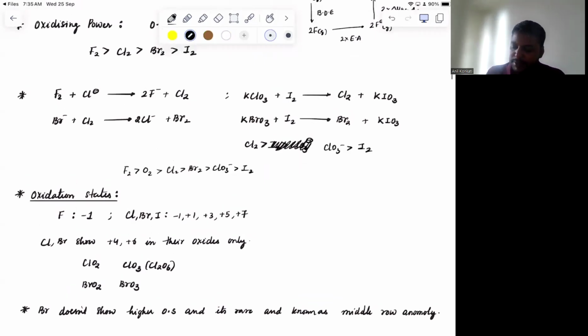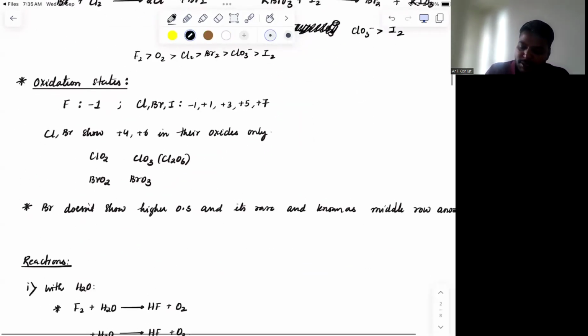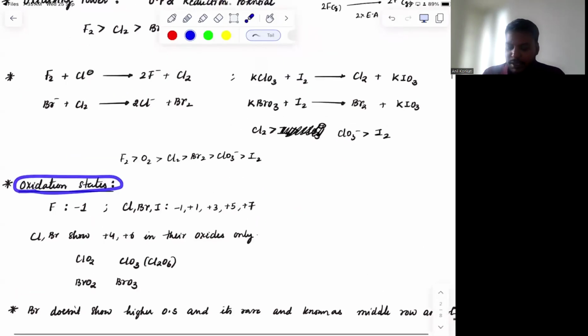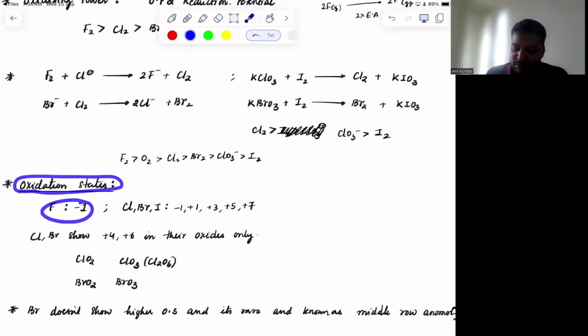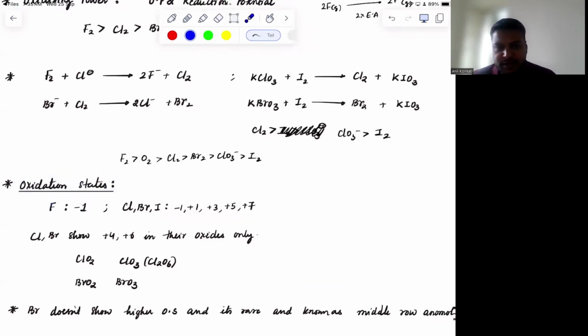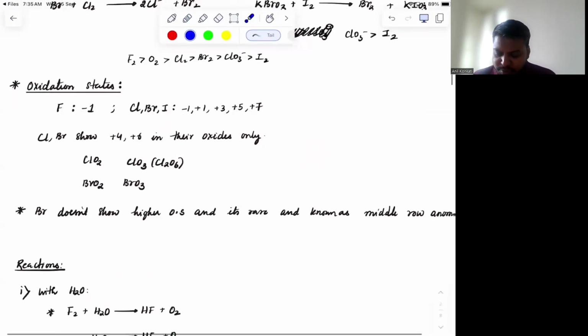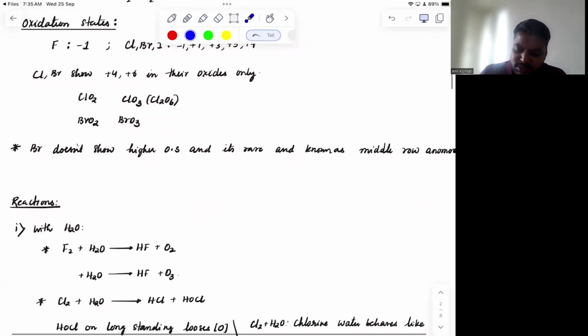Okay. Next, check out the oxidation states here now. Fluorine showcases -1. Chlorine, bromine, iodine go anywhere from -1 to +7. These are all the oxidation states which are observed. Chlorine and bromine show +4 and +6 in their oxides, correct?